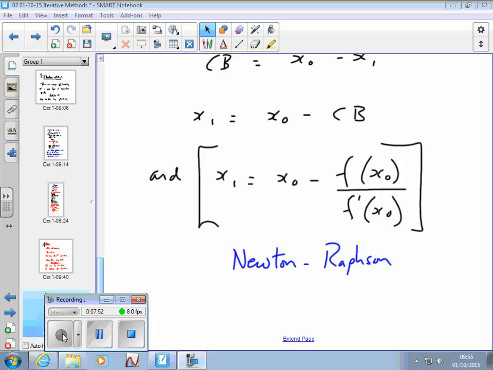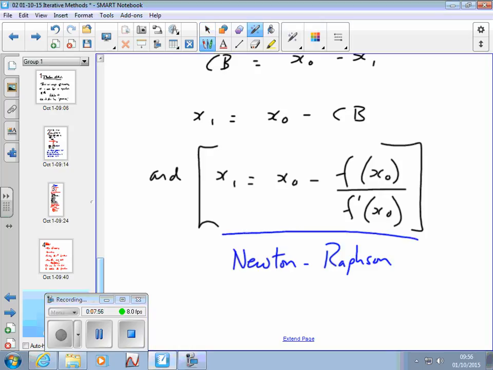So if we look at it now, hopefully we can see how it can be useful. I have a guess, my first guess that I arrive at, x0, so it's my first value of x. And then what I do is I find out what the value of the function is at x0. Then I differentiate my function and find out what the value of this differential function is at x0.